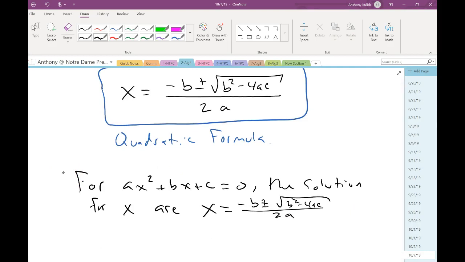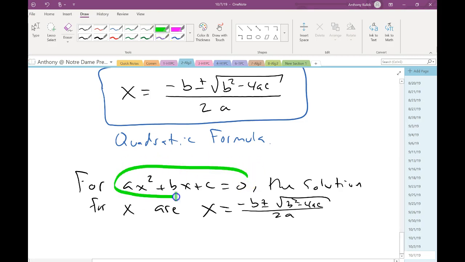So what we have now is a tool that we can use all the time. The only requirement to be able to use the quadratic formula is that we have a standard form polynomial. If you remember, to go from intercept form to standard form, all you had to do is FOIL. That was an easy process.